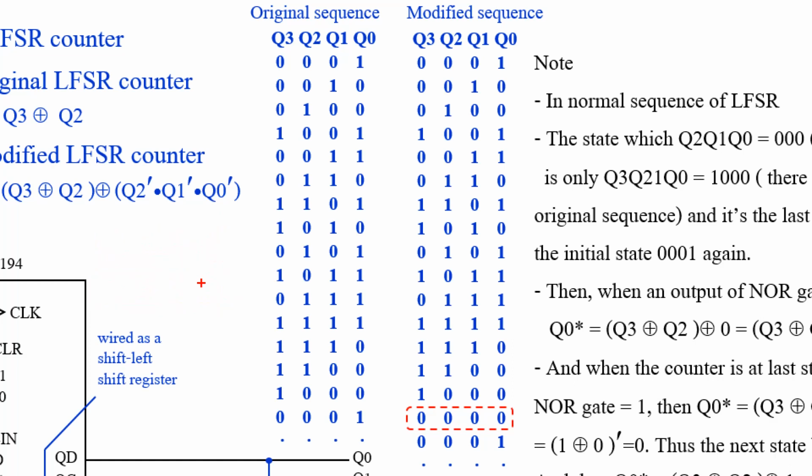Well, if I want to insert this 0, 0, 0 state into this, can I? Yes, we can, right? You just construct this shift left and this is 0.